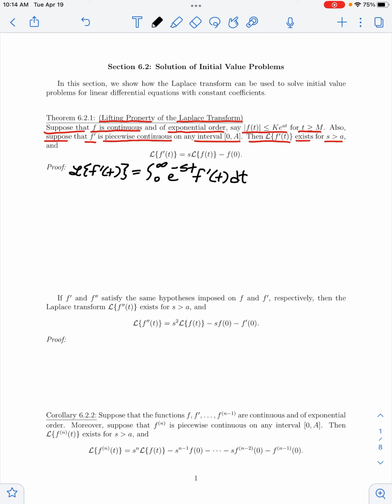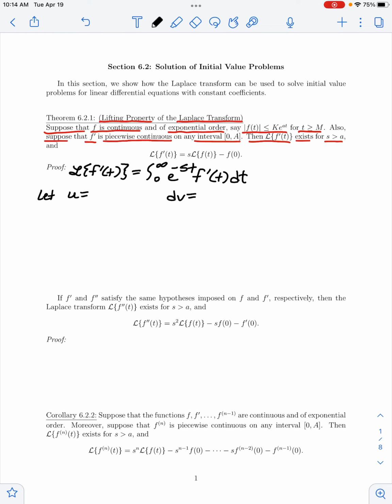Now here I'm trying to integrate a product, and our usual technique for integrating products would be the method of integration by parts. So to use that method, we need to define part of our integrand as u, and the rest of it as dv.